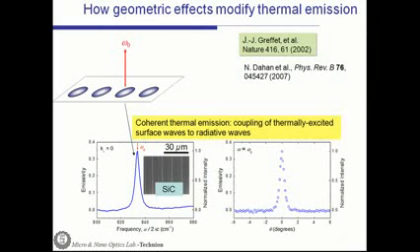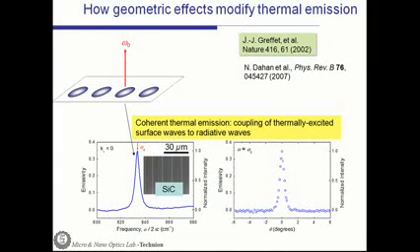I would like to talk about a geometric effect in thermal emission. Professor Greffet and his group observed coherent thermal emission by coupling a thermally excited surface wave into a radiative wave, and we too realized a linear grating upon silicon carbide.